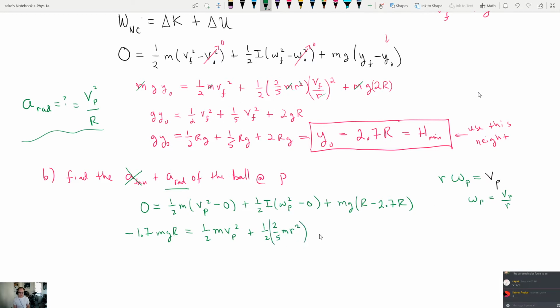Omega p is the velocity at point P divided by the radius of the ball. All of that's squared, which means, again, a bunch of stuff cancels out. So all of the masses will cancel. This 1/2 cancels here with this 2 right here. So we have a 5th.